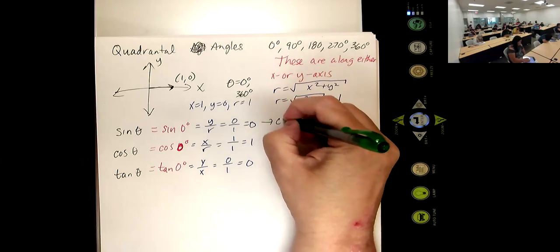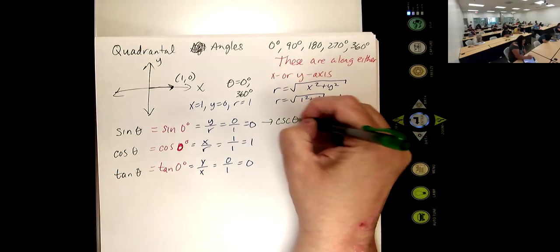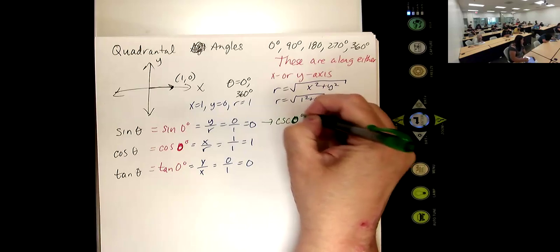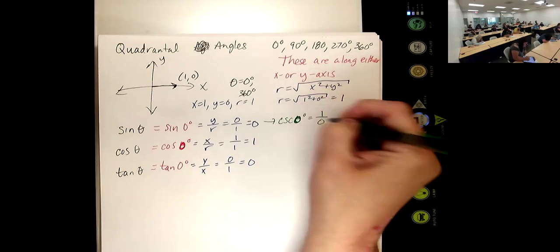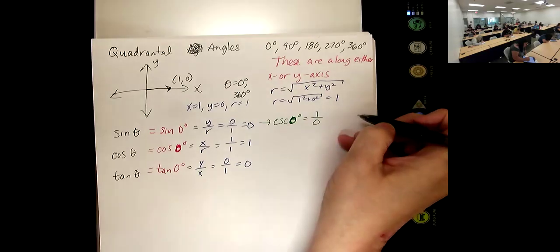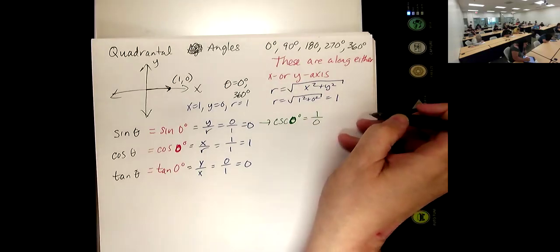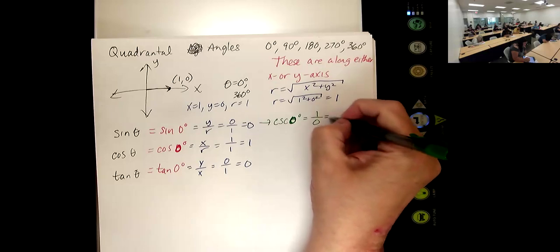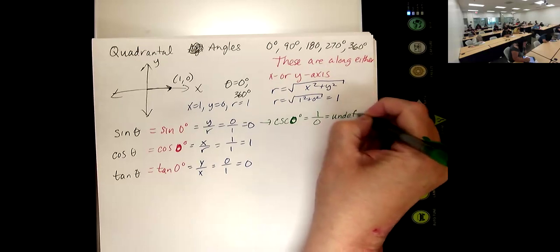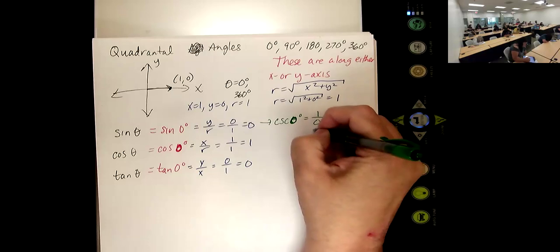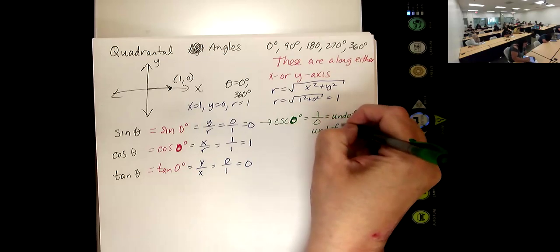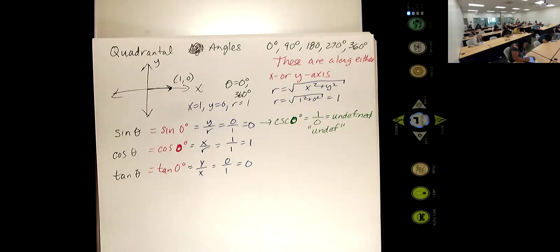If I do cosecant of 0 degrees, I have 1 over 0. Now I've got 0 in the denominator, and it breaks. We're going to say this is undefined, and if you want to abbreviate it undef, that is fine too.